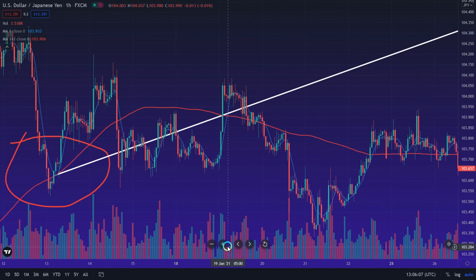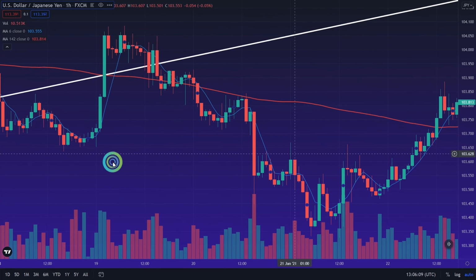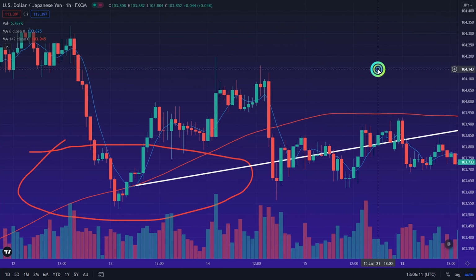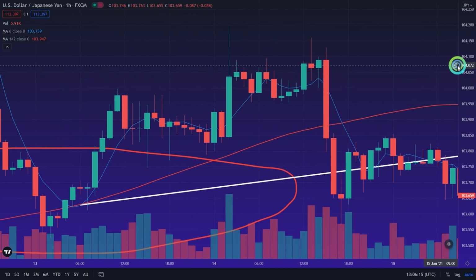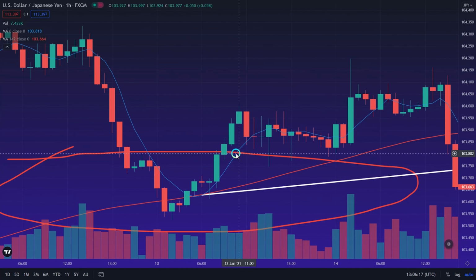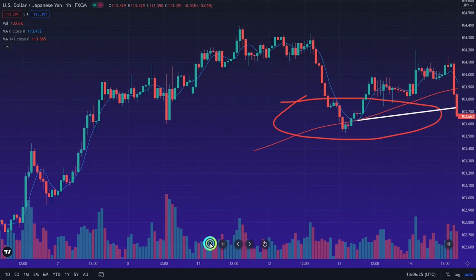And as you see it here, I will show it to you. This is what my robot triggered and took this trade here. If you look at it closer, it is a perfect crossover. So this condition is good for us.